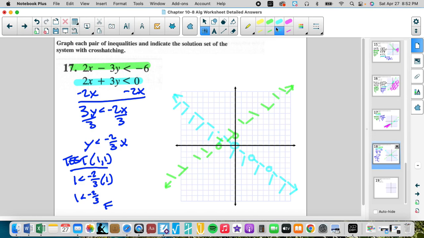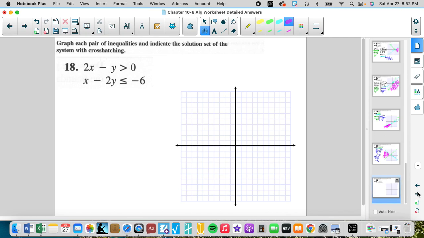And that's where you have to be quick. That's where you've got to be on your game and understand how to find information when it's not in typical slope-intercept form. That's 0 again, so we'll do this one. Unfortunately we can get 0 for the green, but we're going to have to manipulate this equation.